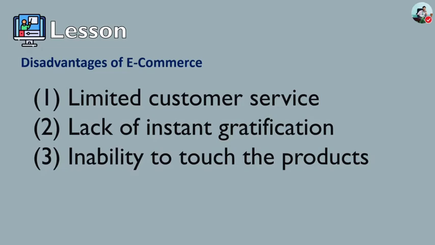One of the struggles of the online shopper, for example, is that they purchase the size of the shoes or t-shirt, though they know that they are small or medium, but it will differ for the different kinds of model or brand. So it will not fit your feet or your body, for example, if you buy a t-shirt. So the disadvantage is the inability to touch the product.